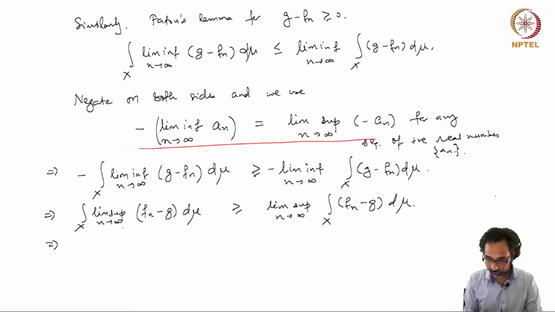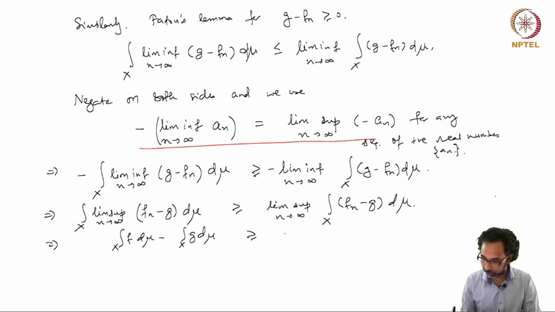But on the left hand side the lim sup of fn's is simply f, so you get integral f d mu minus integral g d mu, and on the right hand side you get lim sup as n tends to infinity of integral of fn d mu minus integral of g d mu.